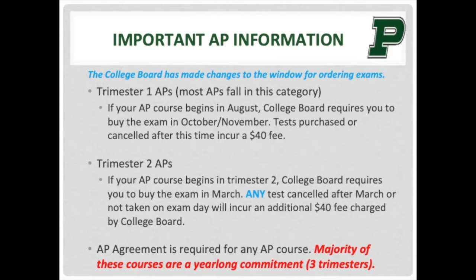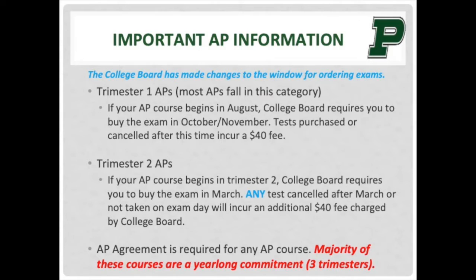The following is important advanced placement information you need to be aware of. The College Board has created a new timeline for the ordering of exams. If you enroll in an AP course that begins in trimester 1, most of our AP courses begin in the fall, College Board requires you to buy the exam in October, November.